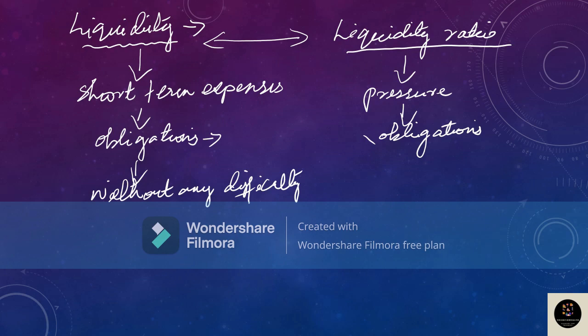So in any kind of business, funds are used. Funds can come from various sources.